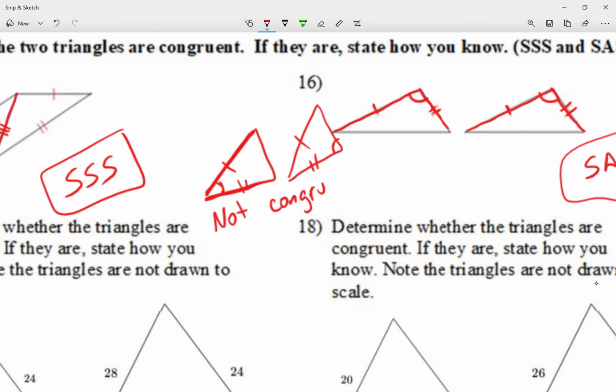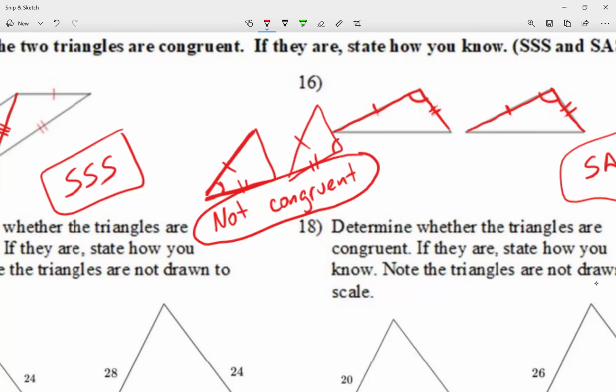It's going to be like this. Not congruent. Notice I capitalized the letter N for not. And make sure you spell congruent. If you forget how to spell congruent, it's in your instructions. When it says determine if the two triangles are congruent, well, there it is. There's the word congruent. So for today, it's either side, side, side, side, angle, side, or not congruent.